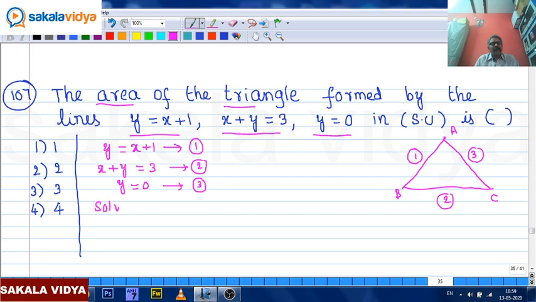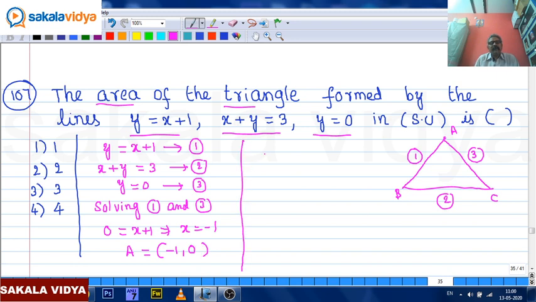Solving 1 and 3, put y is equal to 0 in equation 1, 0 is equal to x plus 1, x equals minus 1. Therefore, A coordinates are minus 1 comma 0.